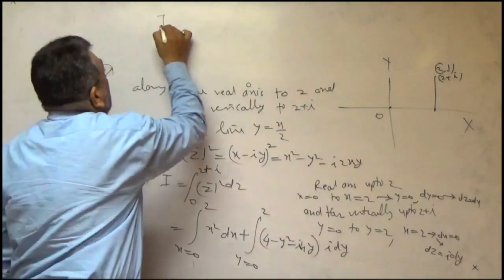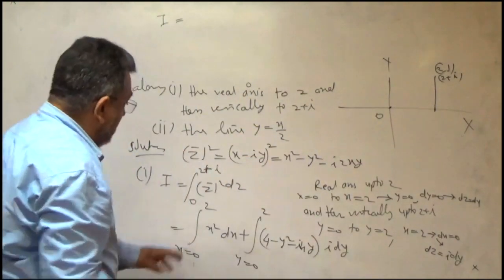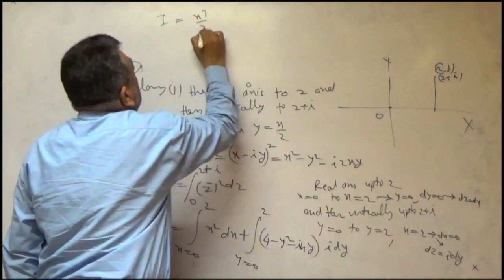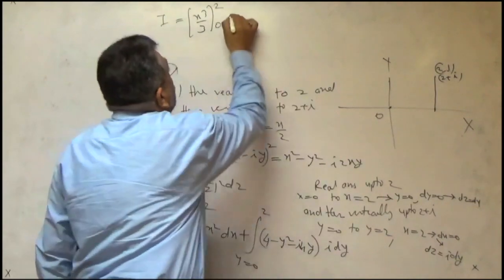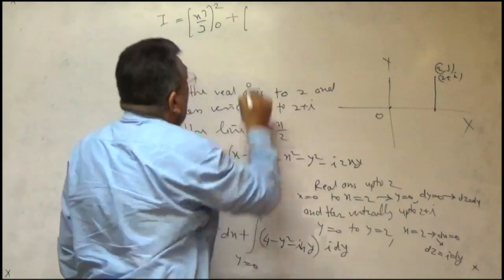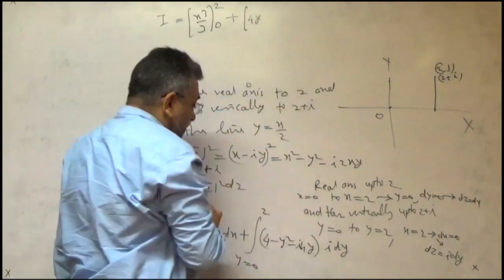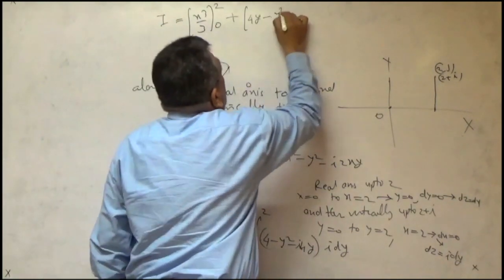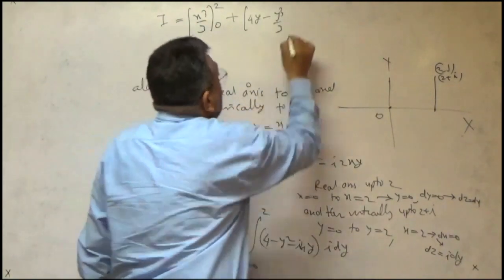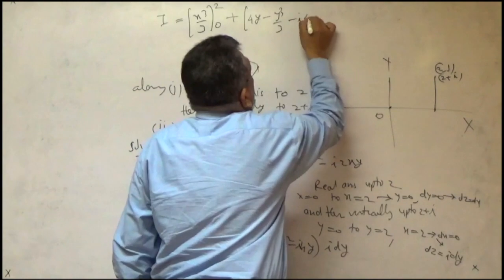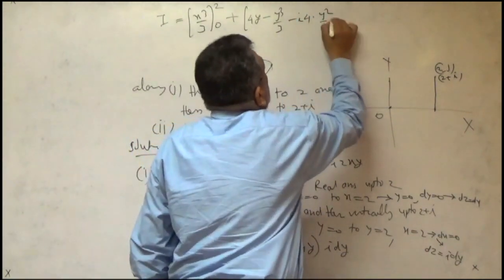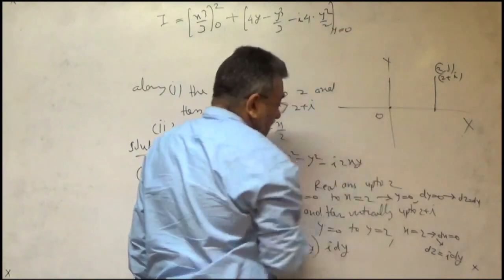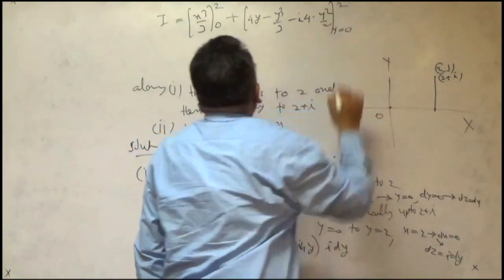This is the first case: x square means x cube by 3, upper limit, lower limit. In the second case, the integration of 1 is y, the integration of y square is y cube by 3, minus 4i times the integration of y, which is y square by 2, limit y equal to 0 to 2.